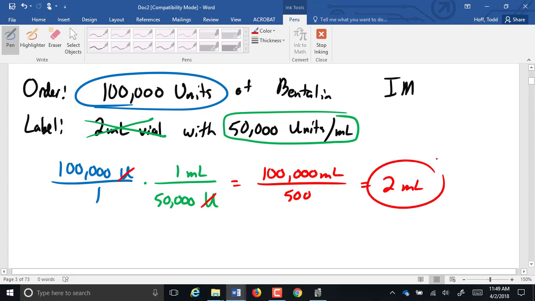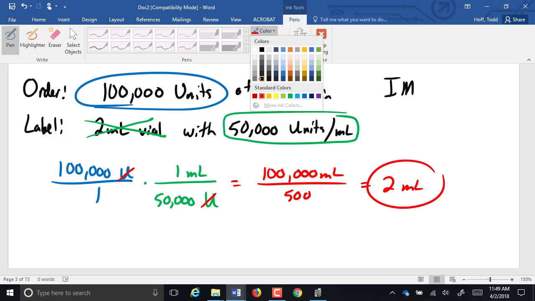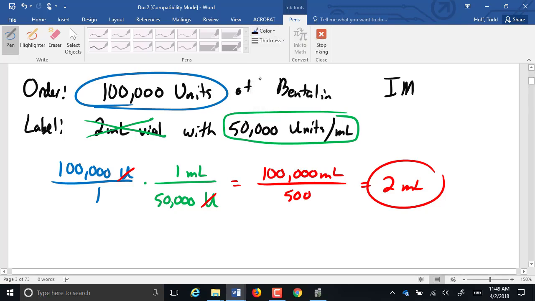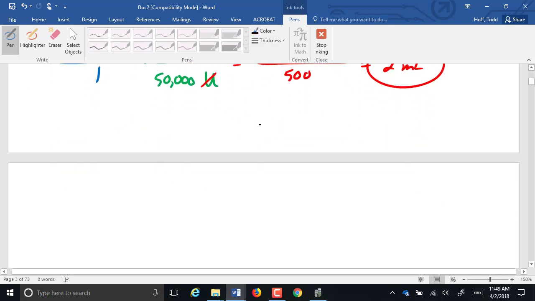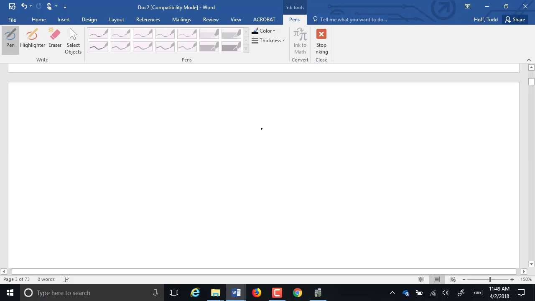So that is our basics of dosage calculations. The next step we did was we talked about IV flow rates. So I'm going to give you guys a couple of examples of those to try.